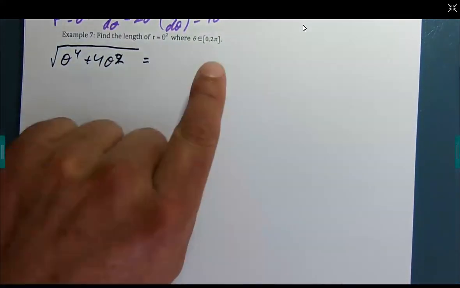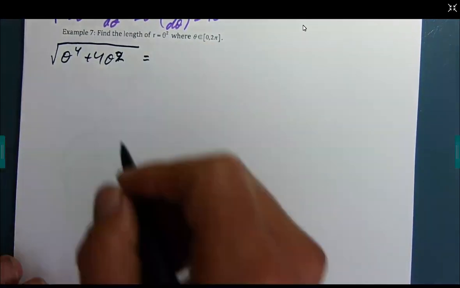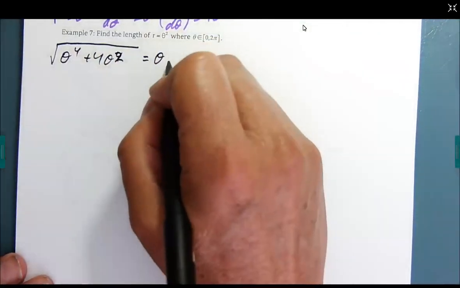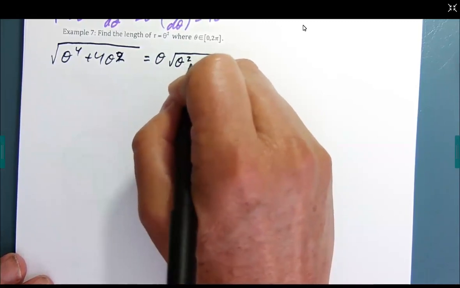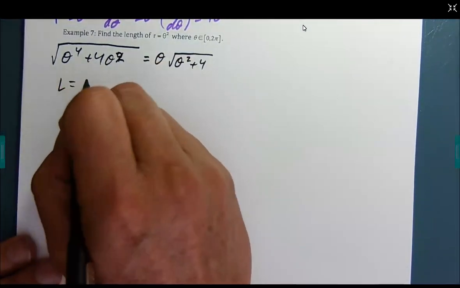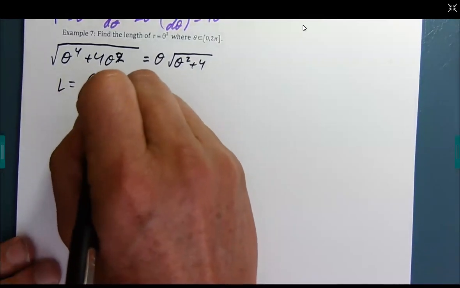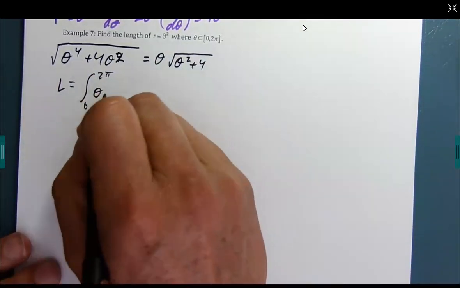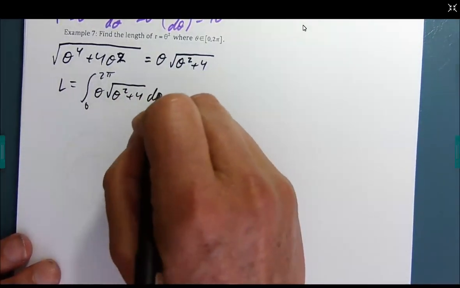And we can see theta is going to be positive, so I can actually factor out a theta squared, and then square root just gives me theta, square root of theta squared plus 4. And that becomes my integral. So the length is going to be the integral from 0 to 2 pi of theta square root theta squared plus 4 d theta.